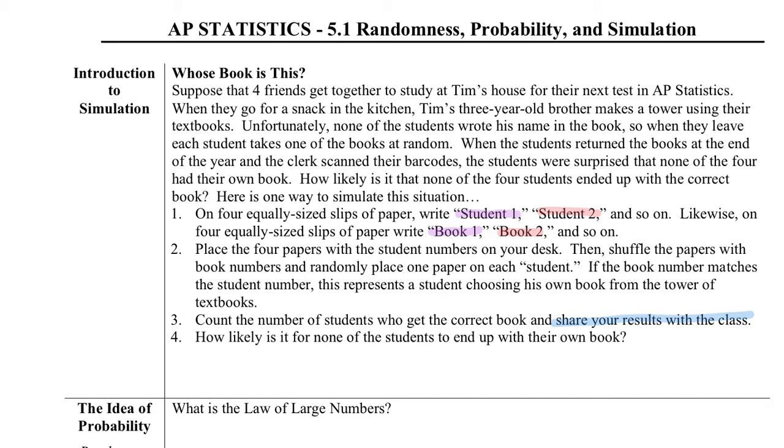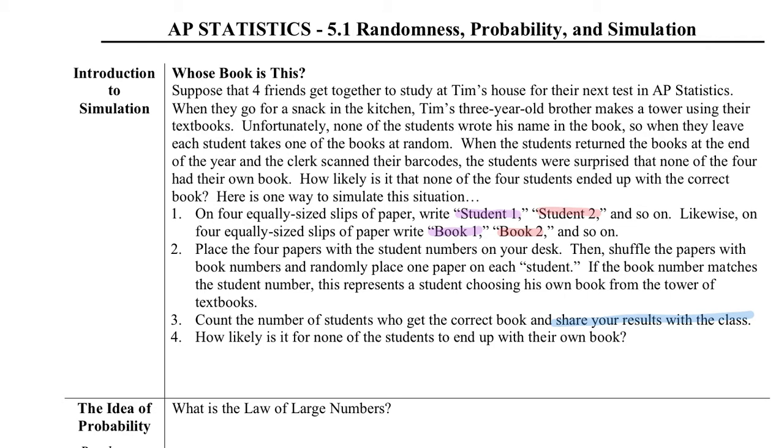The final thing I'd like to point out about this scenario is this is what's called a simulation. We actually didn't take the 4 books and the 4 students and mix them up and then ask them to open them up and try to figure out who was who.